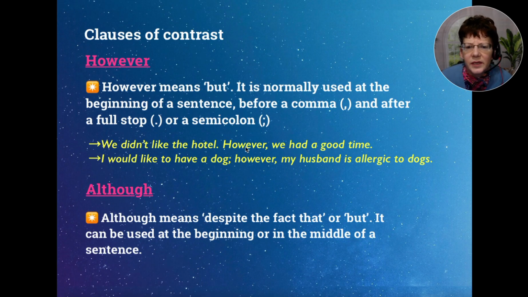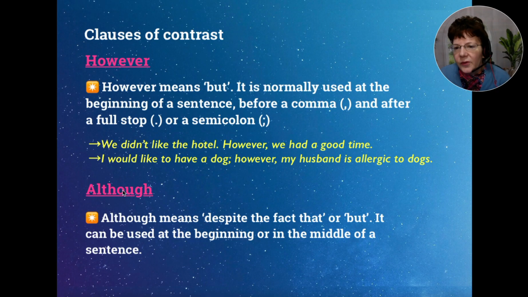So it means but. I would like to have a dog. However, my husband is allergic to dogs. So, two contrasting thoughts here. This one's positive, but this one makes the situation different. My husband is allergic to dogs.